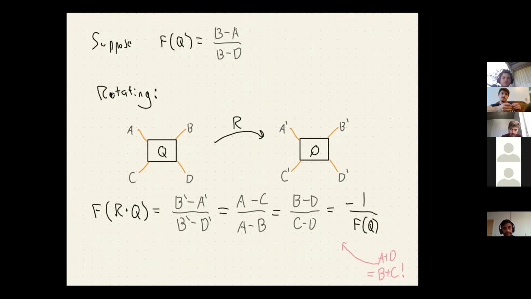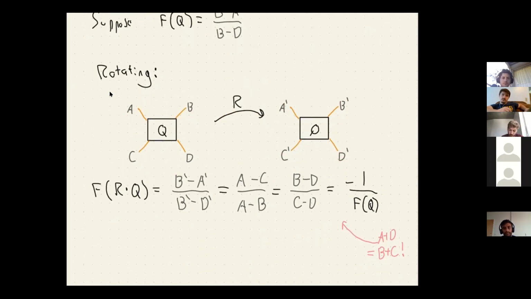So if I start with this tangle and then I rotate, then I've got new colors at all of these edges. A prime is going to be equal to C, B prime is going to be equal to A, D prime is going to be equal to B, and C prime is going to be equal to D, because I rotated clockwise.